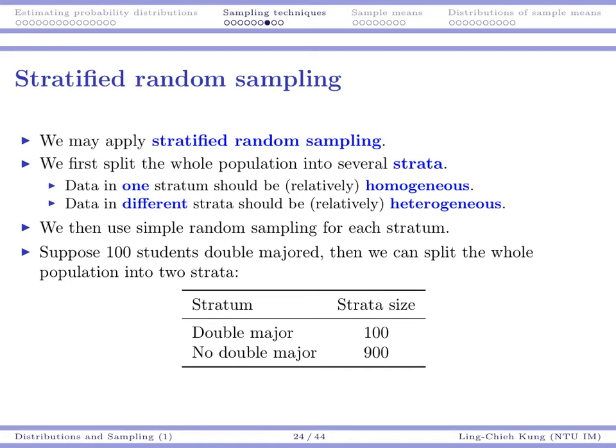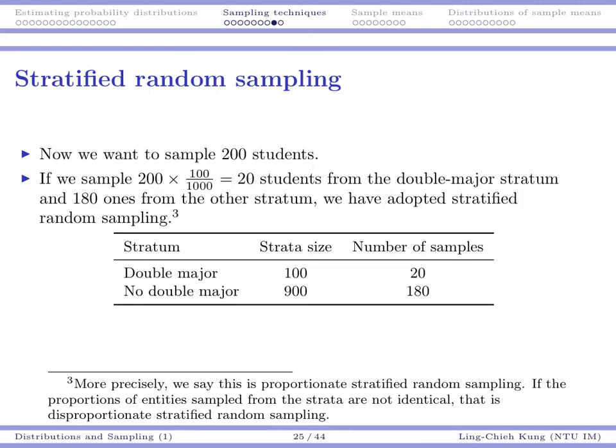Okay, so double major may be a good thing to define strata. And then we use simple random sampling for each stratum. So for example, suppose among my 1,000 graduates, I have 100 students who had double major. Then we split the whole population into two strata like this.